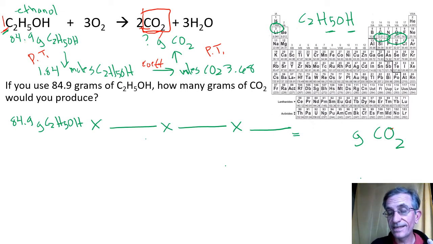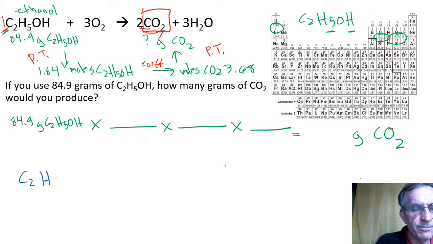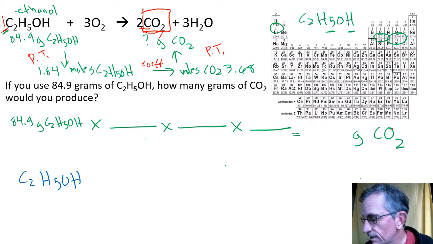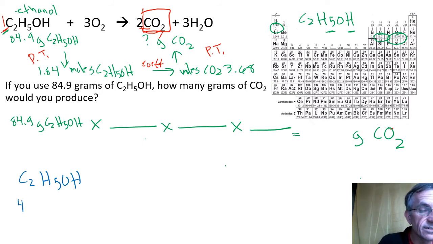Well, the first step, again, is to go from grams to moles, which means you need to add up the weight off the periodic table. So we did that a minute ago. I'm not going to bother showing you the work again, but let me just remind you that when we added up the weight off the periodic table for alcohol, we got 46.068 grams equals a mole.